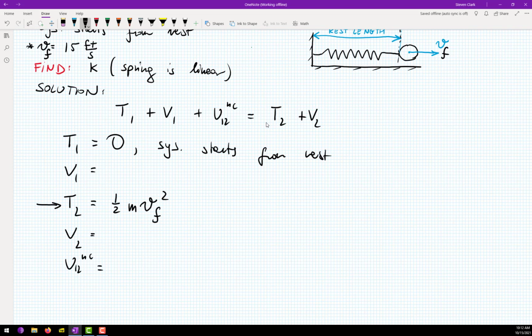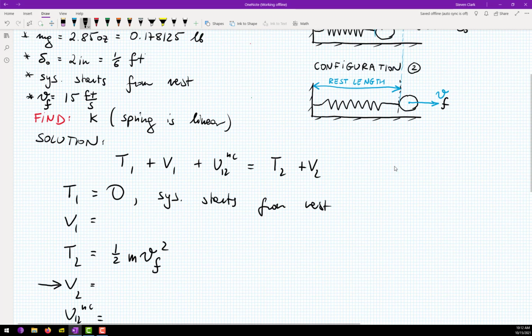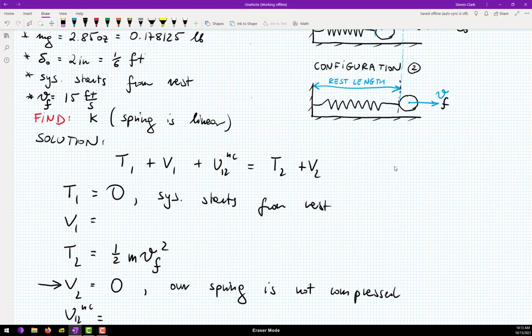What would be the potential energy at the end? It would be 0, because our spring is not compressed at the end, or stretched. The spring is at its rest length.